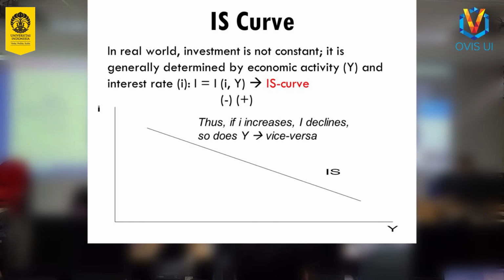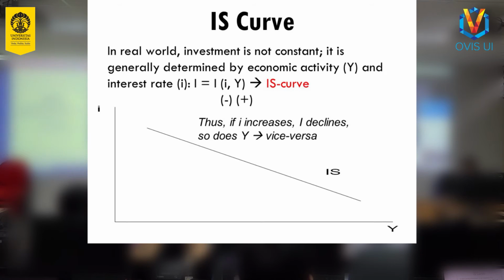So let me repeat the question. What is the difference between now, this one, the investment, okay? Equation, not identity. This is an equation, functional equation. What is new from this compared to what we discussed before?